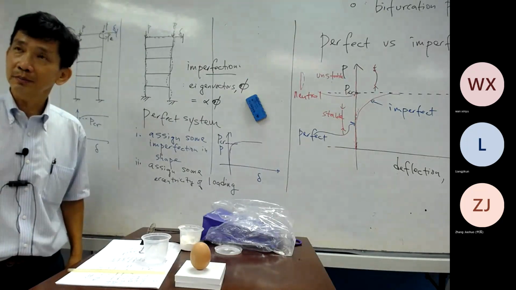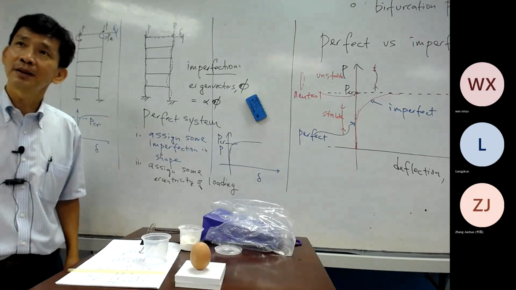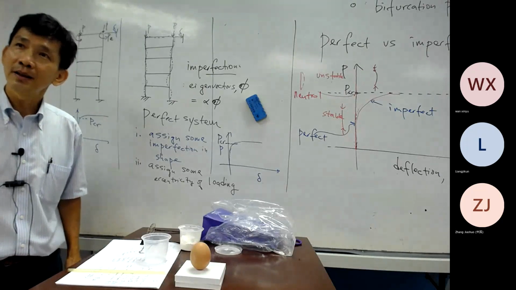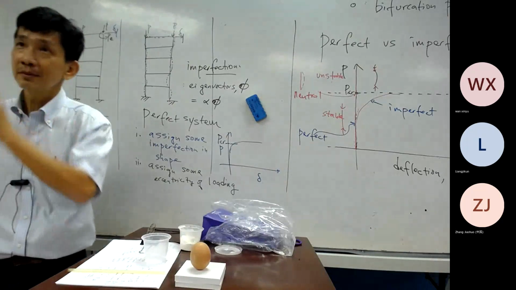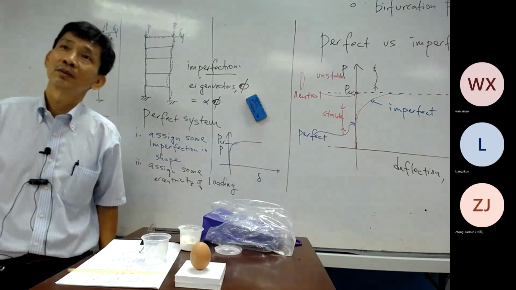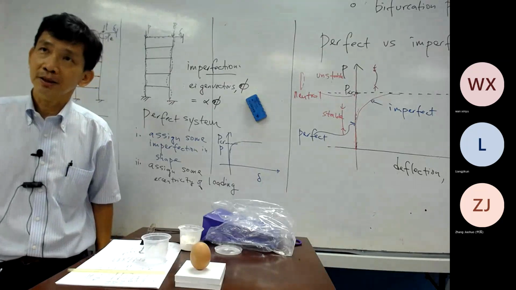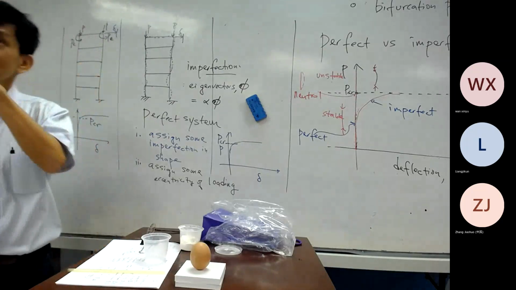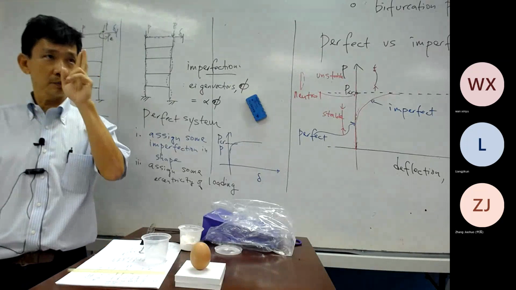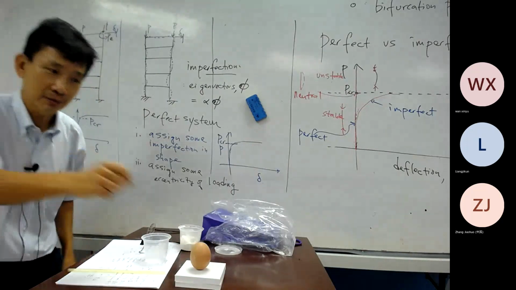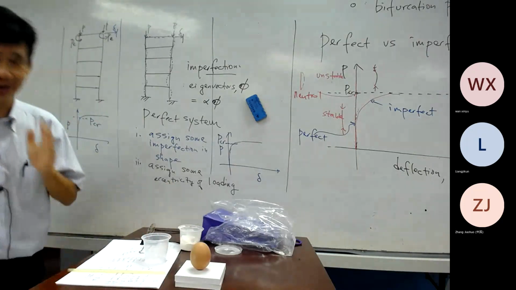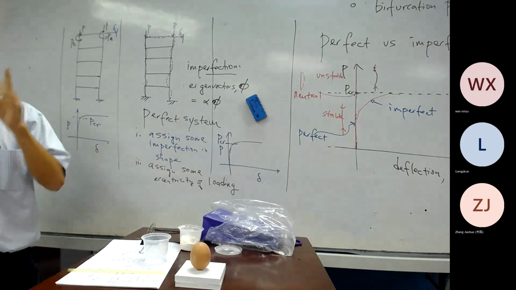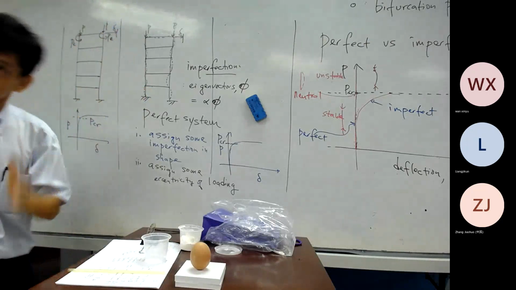Two possibilities. Neutral means two configurations are possible. Meaning that if I disturb this, the egg can stay like this, which is the straight one, and it can also stay like this.